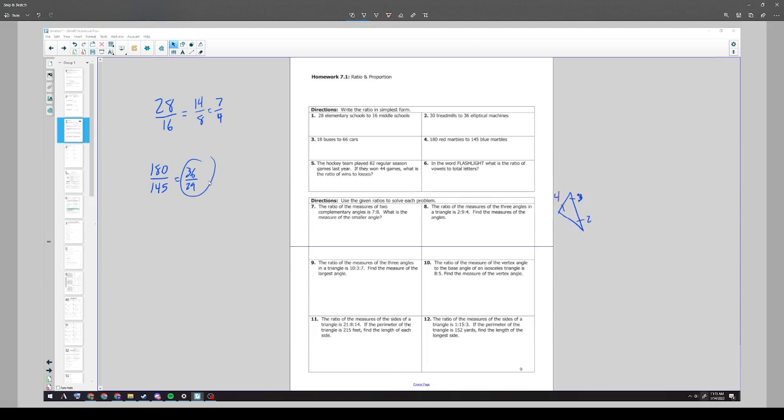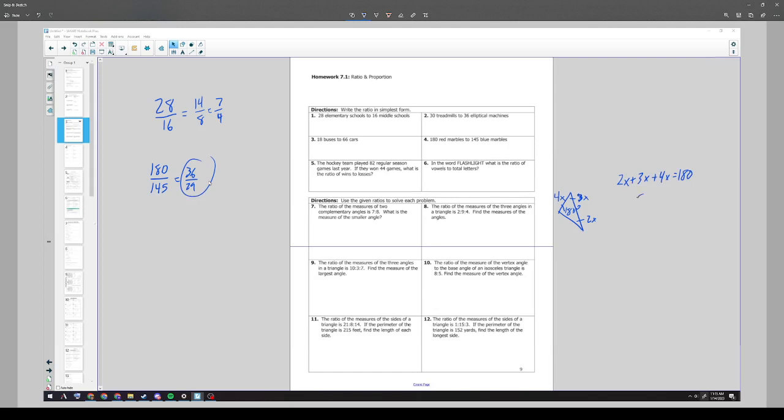But we know that the sum of those 3 angles is not 9. It's something a bit bigger than that, like 180. So we need 180 degrees total. So instead of 2, 3, 4, we're going to put 2x, 3x, and 4x because they're proportional, right? So that means 2x plus 3x plus 4x would equal 180 degrees.